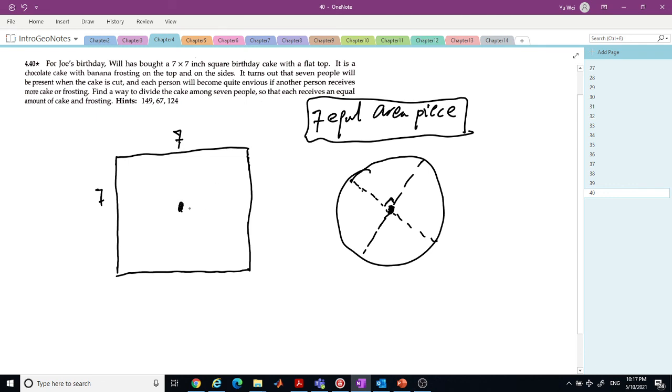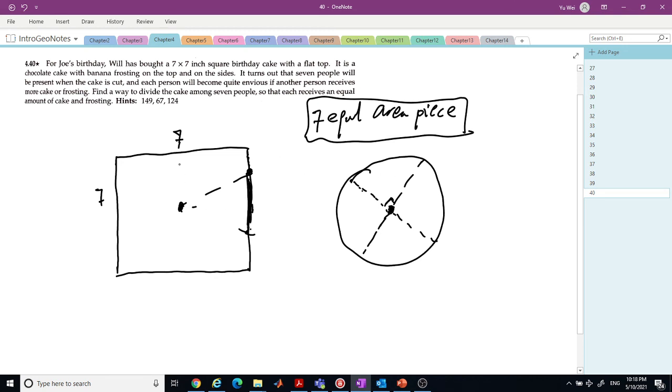Okay, so how can we calculate the area, right? So the area will be the base times the height, right? So you can see if I put one point here and I put another point here, then the area is half of the base times the height, right?